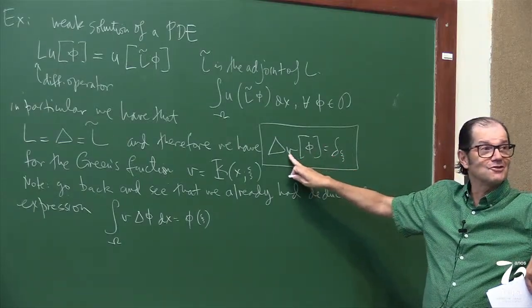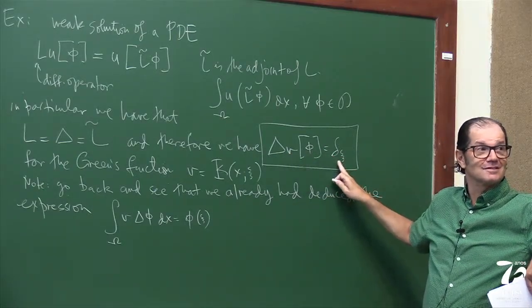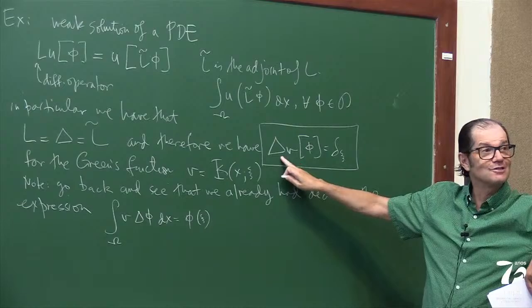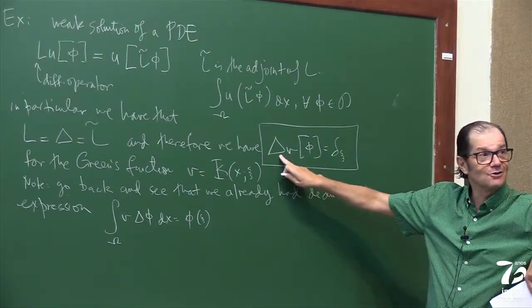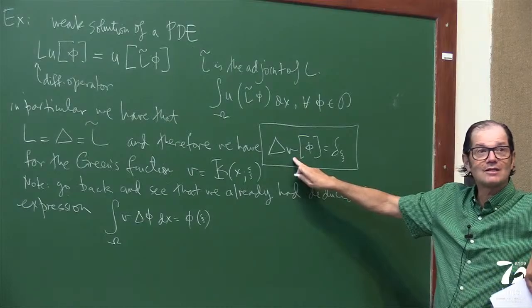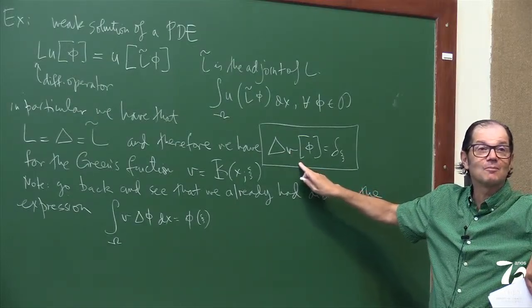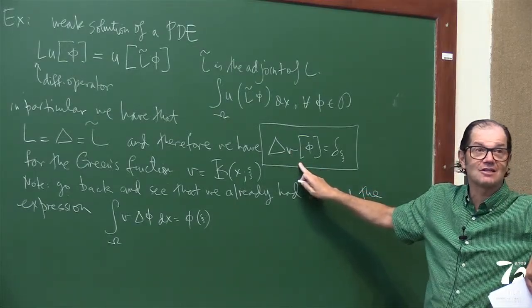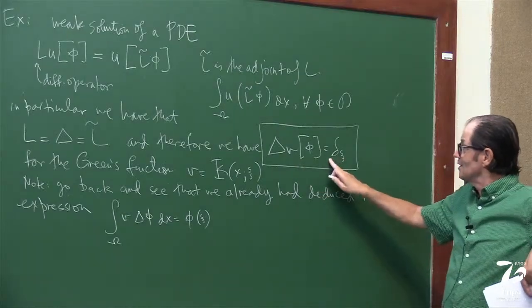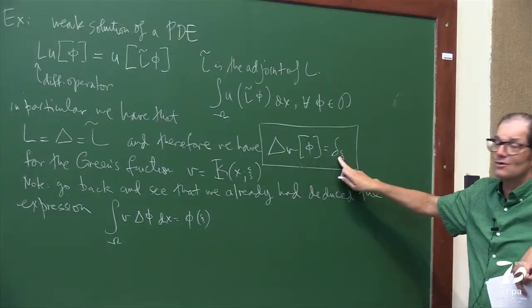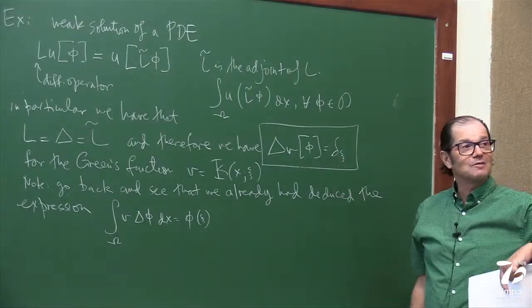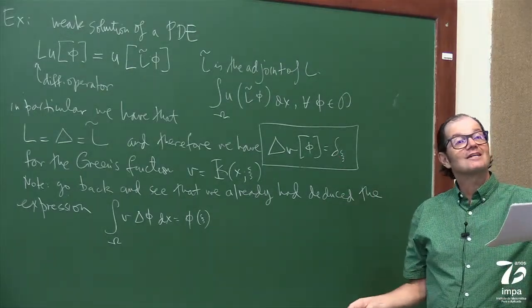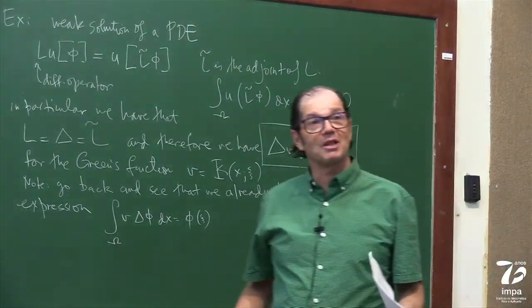Add a harmonic function to this, and you still have this. The operator is linear. See, it's an easy but tricky question. So the operator is linear. So V, as I will write now, V plus W, where W is a harmonic function, which is Laplacian of W equal to 0, is still a Green's function because it still gives me the same exact Dirac at that point. So we can take advantage of that. That's what we're going to do. We're going to play with that.